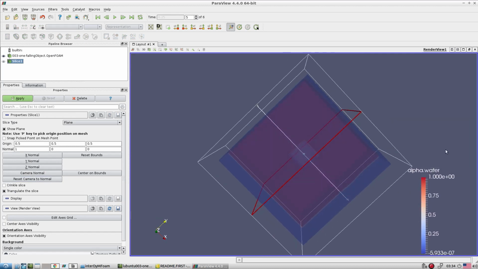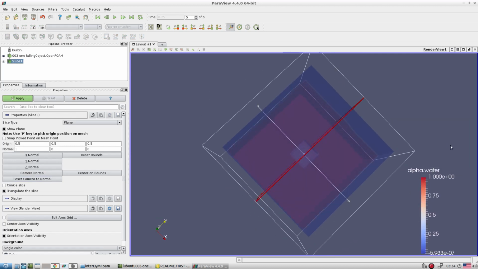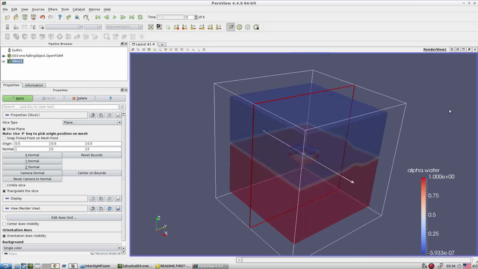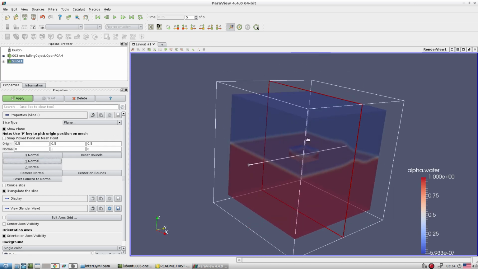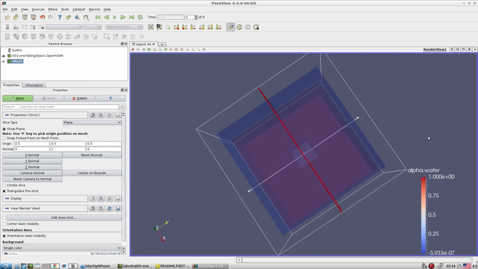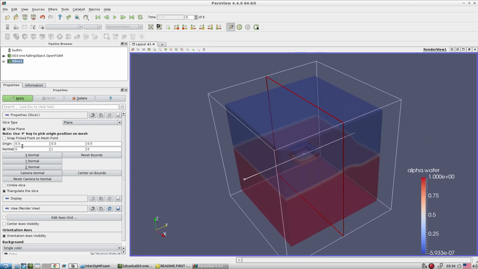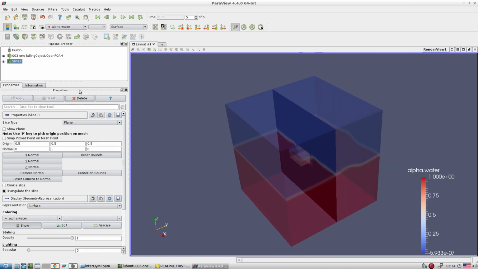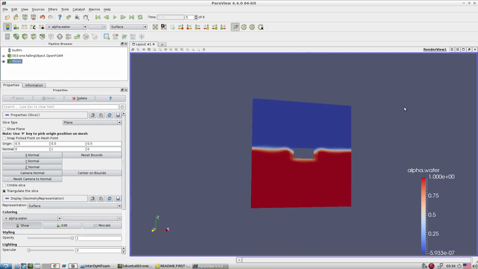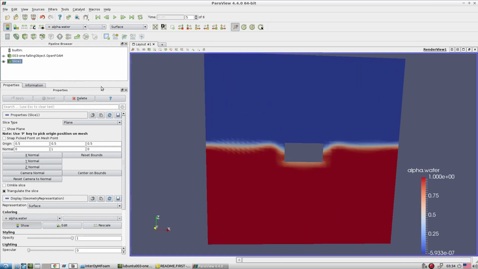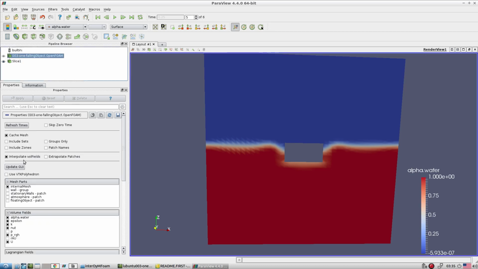It is exactly passing through this way, so let me cut it in the y direction. Fine, and let's see that. So this is how it looks when it hits. From here it started to enter, and slowly tries to trigger the motion.